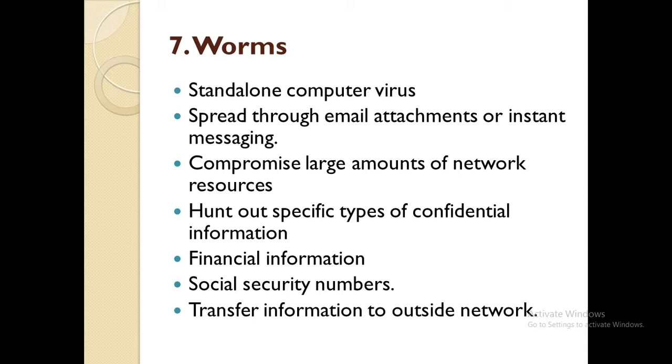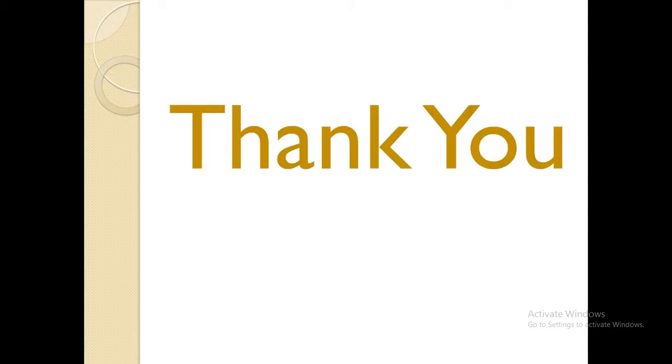Then seventh is a worm, which spreads from machine to machine, device to device in the network. This worm may also take control of our system sometimes and hack our important information, financial details, security numbers, and transfer it to the outside network without our authorization. So worms also attack our system like this.